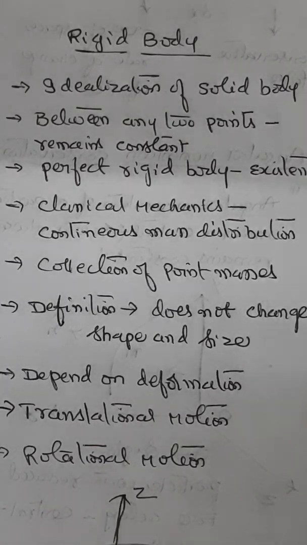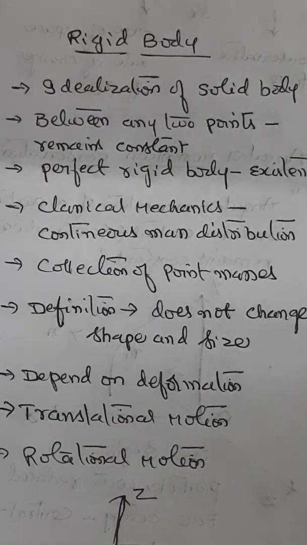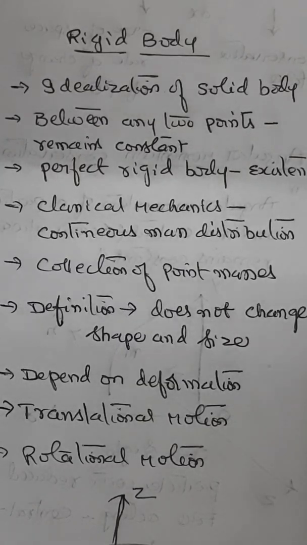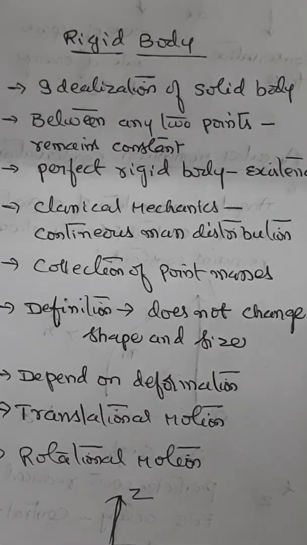So the rigidity of a body depends on how far it undergoes deformation under the effect of forces acting on it. But in actual practice, no solid body is perfectly rigid, because every body can be changed in size and shape by the force acting on it.